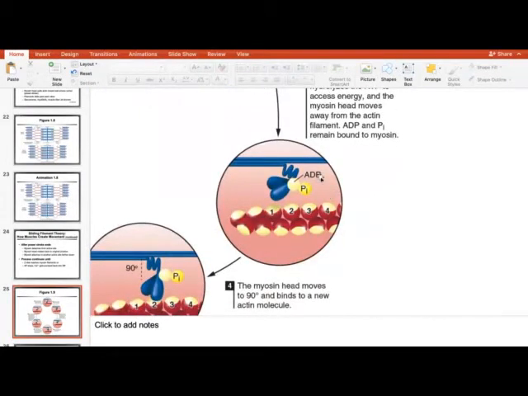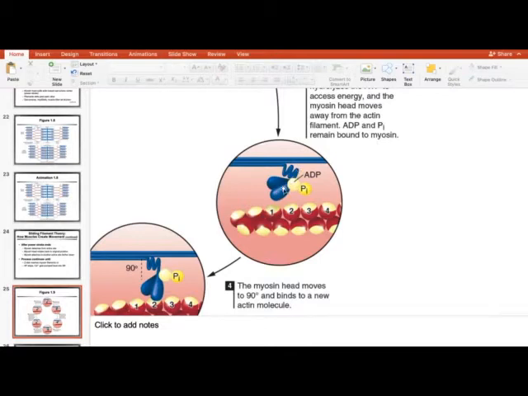Sorry, the ATP is going to be broken down into ADP and your phosphate ion. There's going to be a release of energy, and that release of energy is the gasoline for this particular motion to occur.